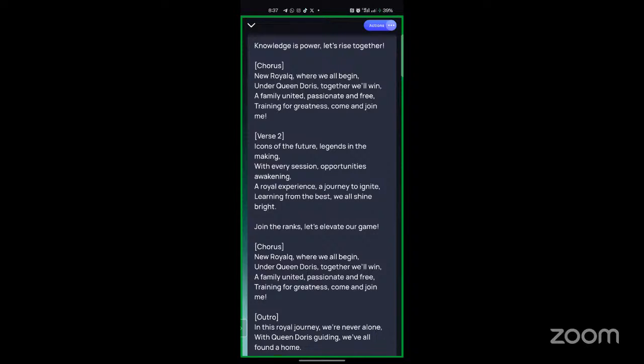Icons of the future, legends in the making. With every session, opportunities awakening. A royal experience, a journey to ignite. Learning from the best, we all shine bright. Join the ranks, let's elevate our game.